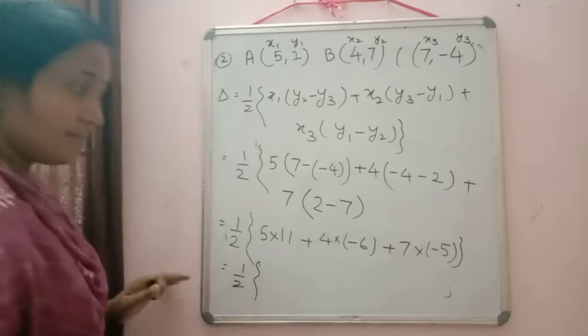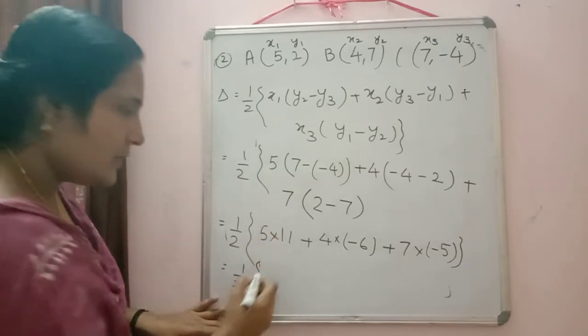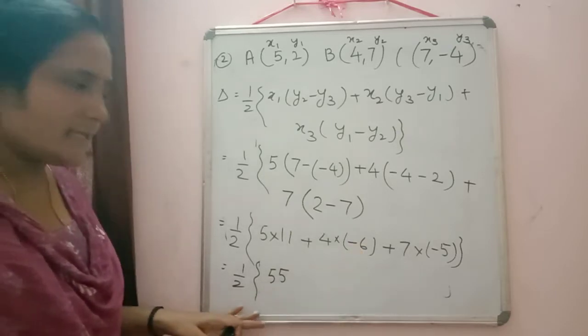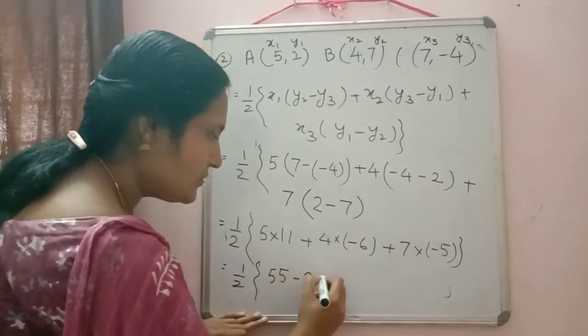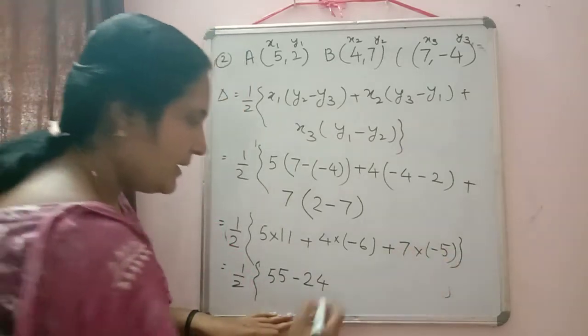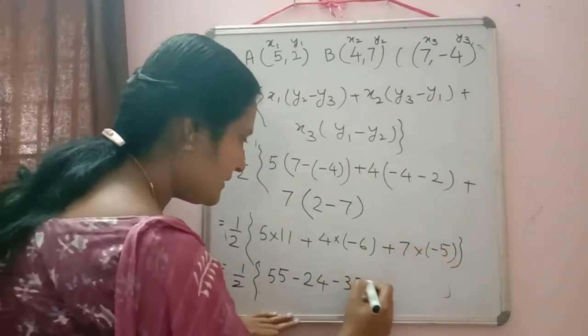Half into 5 into 11 will be equal to 55. 4 into minus 6 will be equal to minus 24. And 7 into minus 5 will be equal to minus 35.